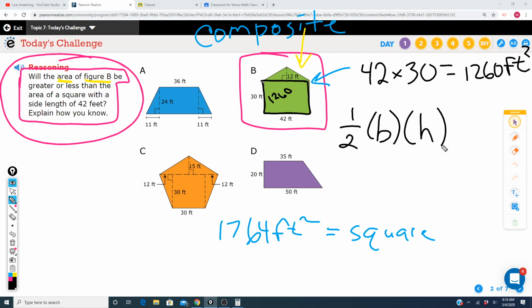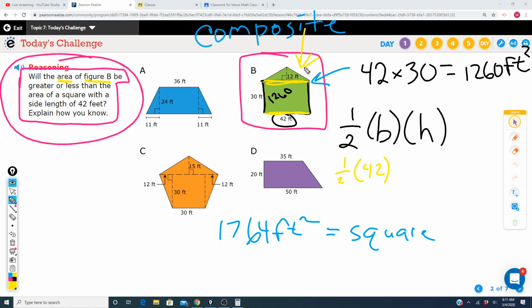So 1/2 the base. The base is going to be what we see as 42, because if it's 42 feet down here, then its parallel side here will also be 42. So it's 1/2 times 42. And the height, it tells you right there, is going to be 12.